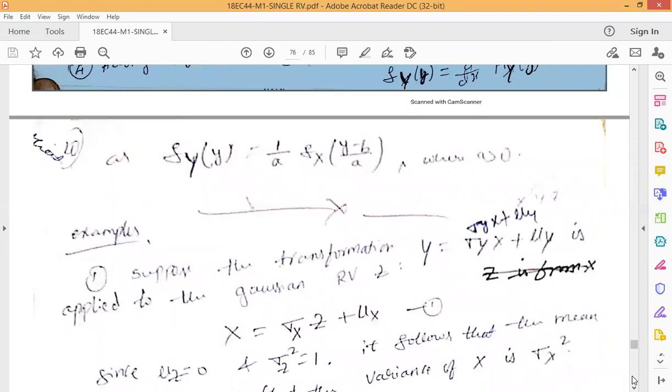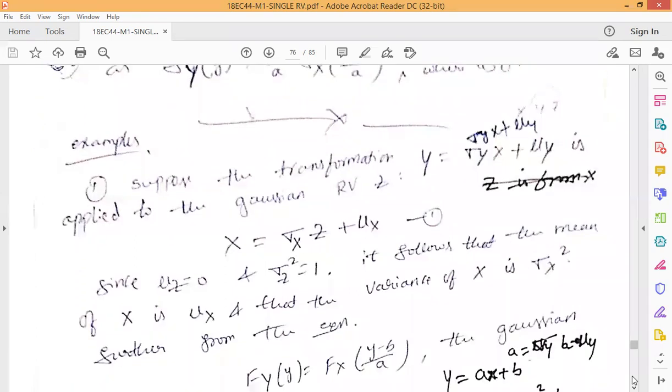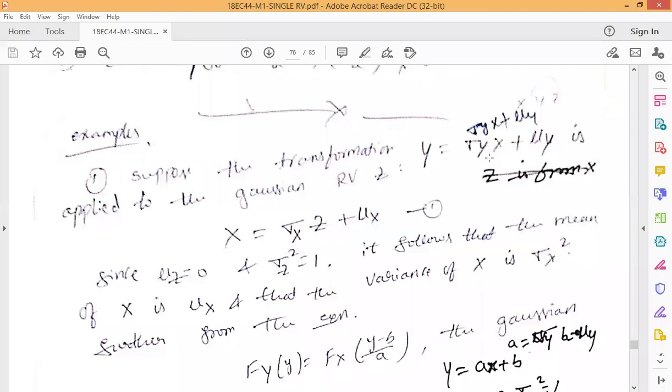And similarly, we can take one more example. Here we are going to make use of the transformation function y is equal to sigma_y x plus mu_y. This equation was obtained assuming that the mean mu_x of the random variable x is equal to 0 and the variance sigma_x squared is equal to 1.